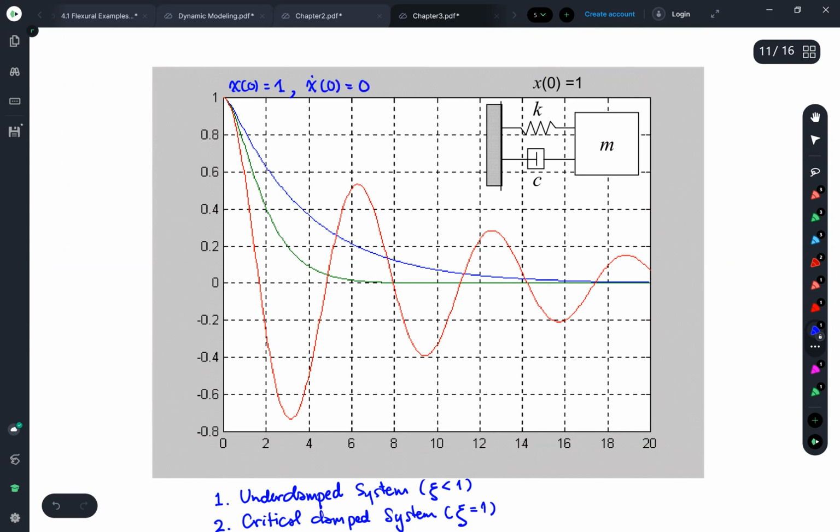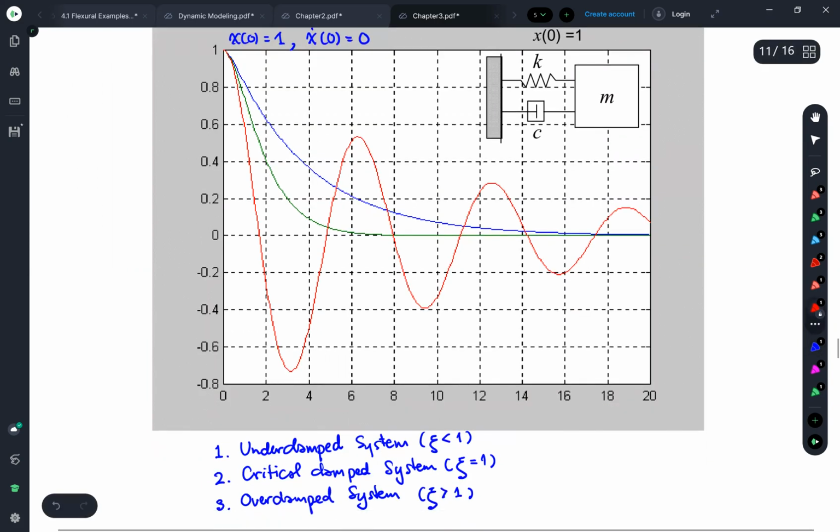No initial velocity, just the initial displacement. And let the system go with this initial displacement of unit 1. The red color, I do believe, belongs to the underdamped system because it contains oscillation.